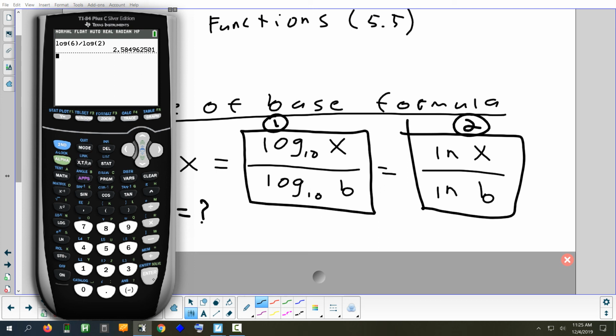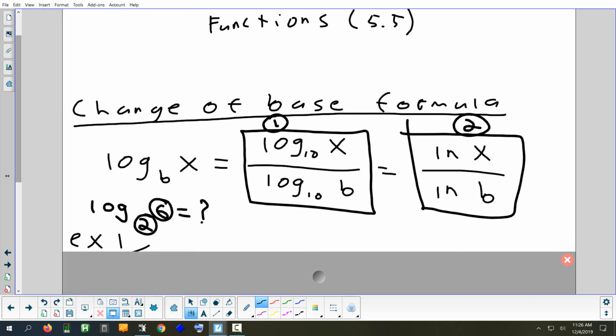Or, if you prefer to do it with ln, you can do the same thing that way. You're going to get exactly the same answer. What's important though is that you have to put the 6 in the top, and you have to put the 2 in the bottom. I think this number was higher, so it goes up higher.